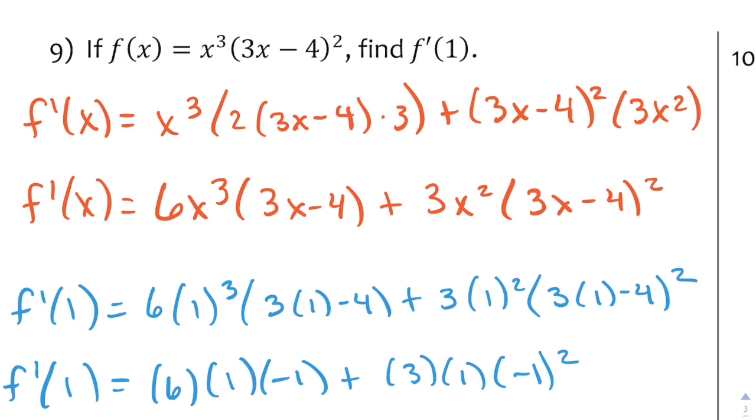I moved a couple things around and connected them together, but you can immediately evaluate the 1 if you want to. So here you'll see that the 3, the 2, and the x cubed became 6x cubed. 3x minus 4 stays, and then I just move 3x squared to the front. Again, you do not need to do any of that.